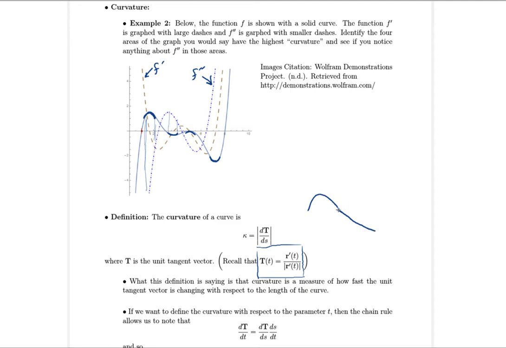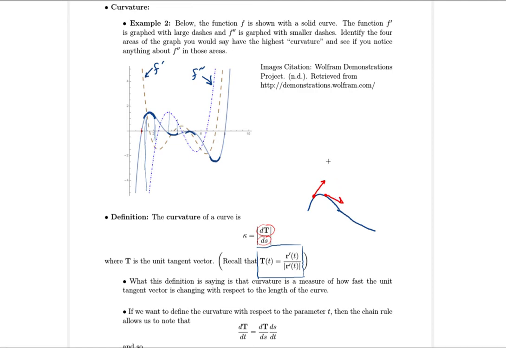All right, so in these areas of high curvature, if I draw a unit tangent vector right here, and then I draw a unit tangent vector near it right here, what you notice is that as the arc length changes, as I do a little bit of a change in how far I've gone, the unit tangent vector changes drastically.